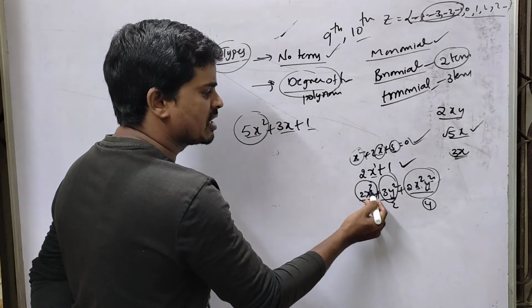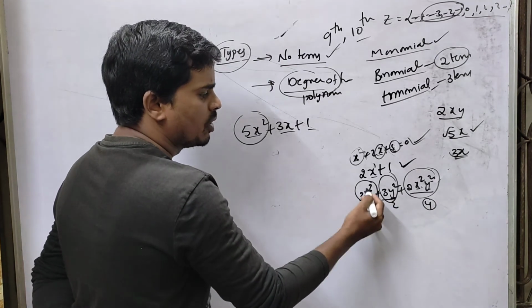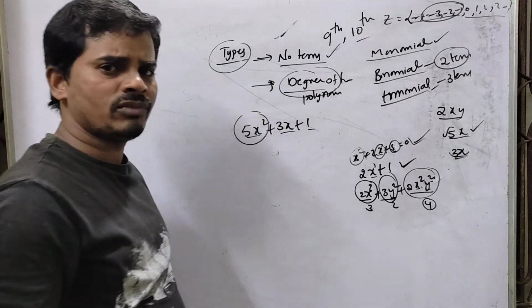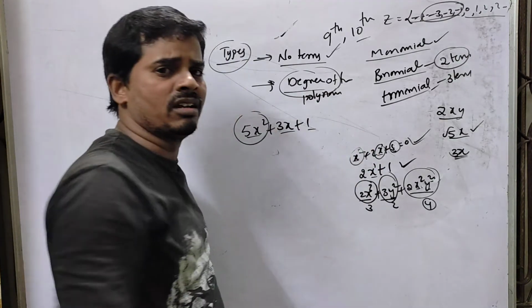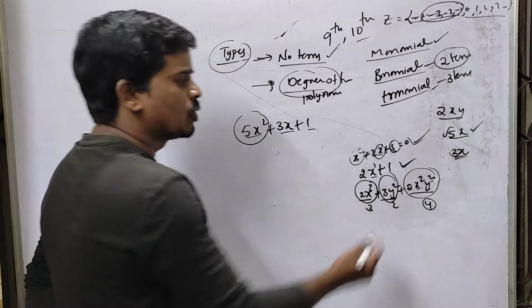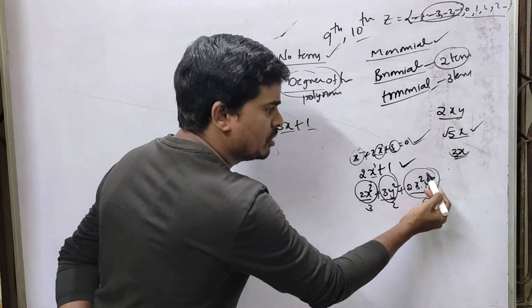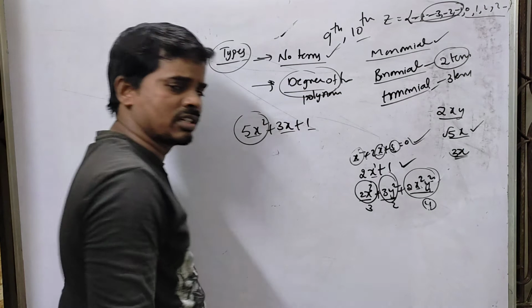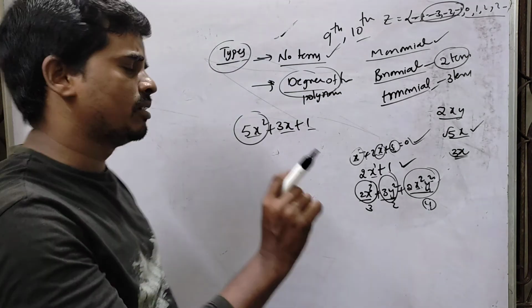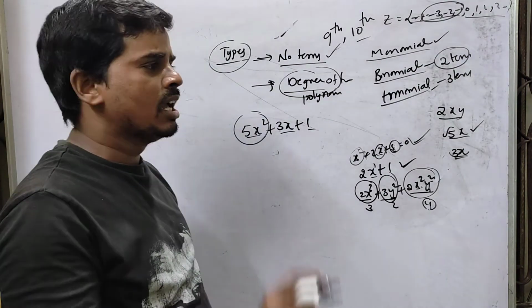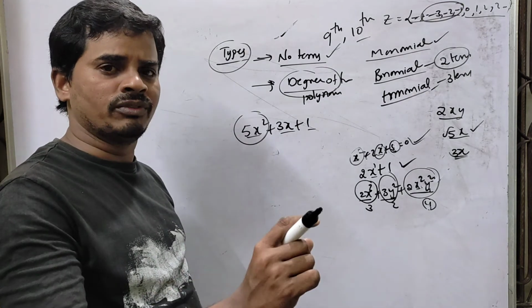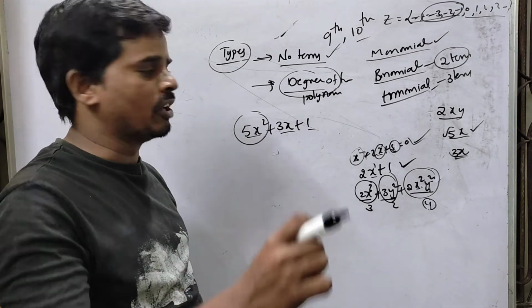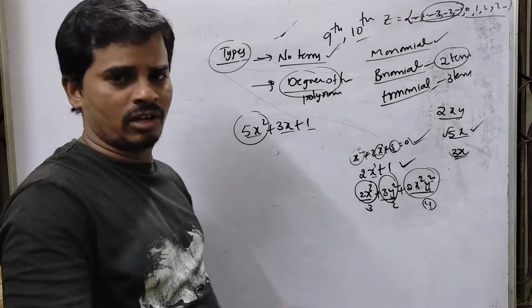Here only 3 is the power, so the degree is 3. So degree is calculated for the term first. When two variables are there, we add the powers. So the definition we can give is: the sum of the powers of the variables in a term is called the degree of the term.